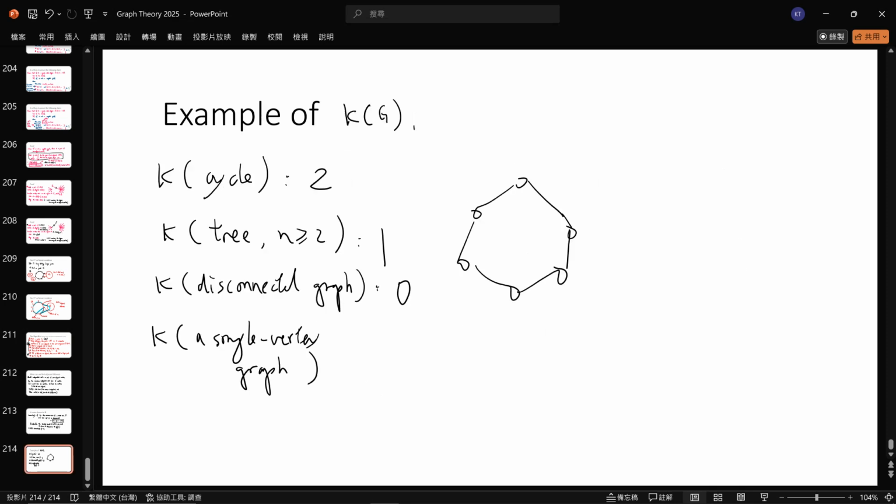When the graph has exactly one vertex, you don't need to remove anything. So this graph has kappa G being 0.